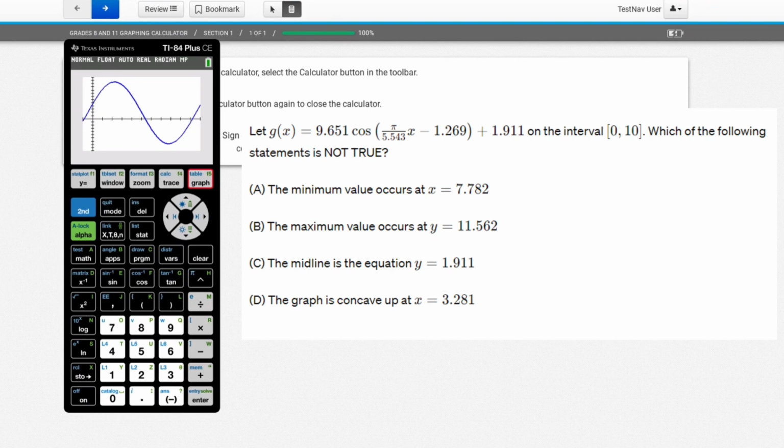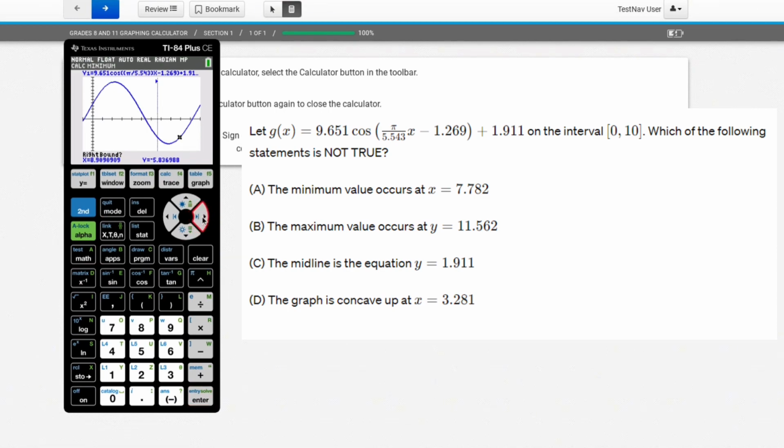So let's see if A is true. The minimum value occurs at x equals 7.782. So I need to find the minimum value, which is going to be right there. To find a minimum, we go to second calc. There's the word minimum, so we can hit 3 or scroll down and hit enter. To calculate the minimum, I move my cursor just to the left of the minimum, then just to the right of it for the right bound.